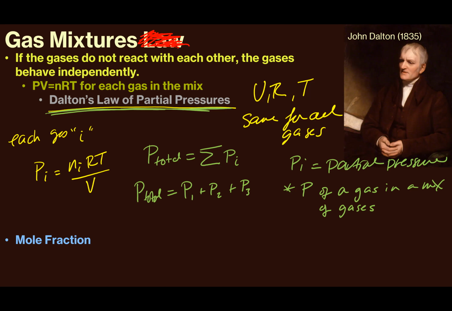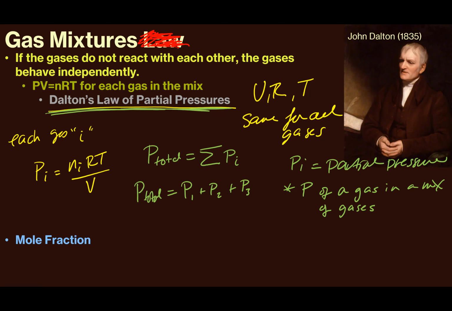You can have as many gases in the mix as you want, but the individual pressure of each one is going to add together to give you the total pressure of the gases in your mixture. It's kind of straightforward, and hopefully it makes sense. We can talk about this more if we need to.